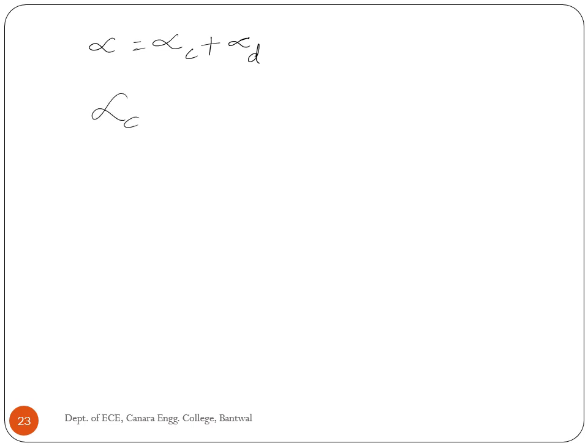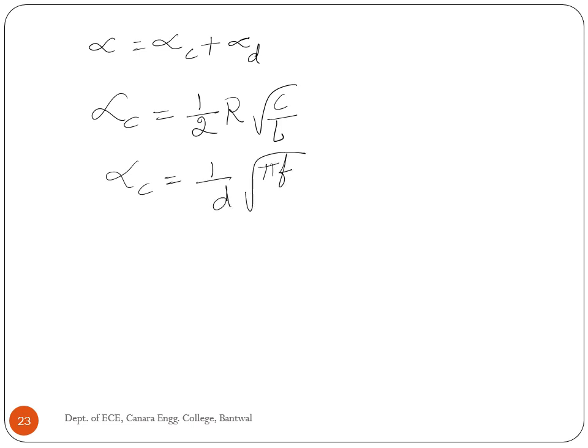Therefore, alpha C is equal to half into R root C by L, which is equal to 1 by D root of pi F permittivity divided by conductivity.